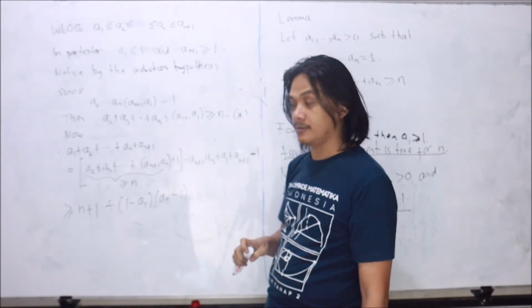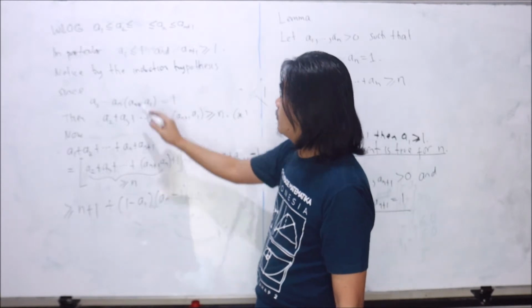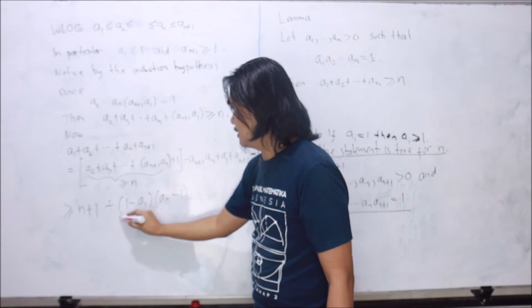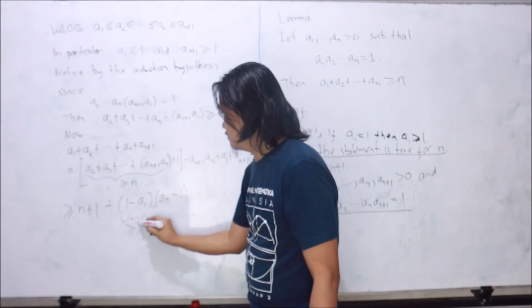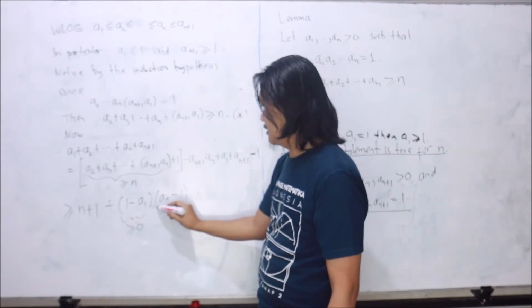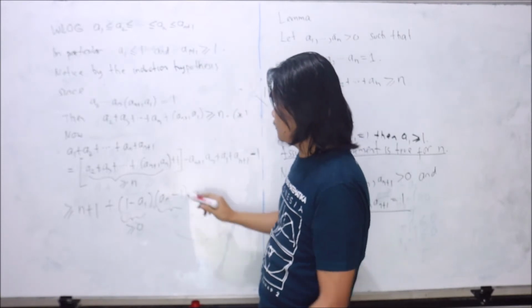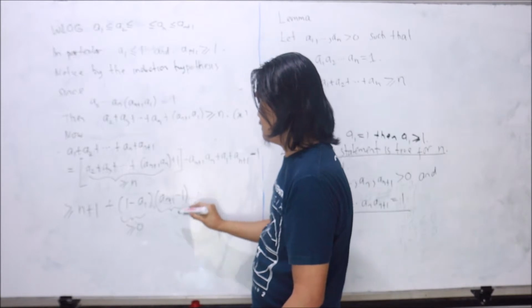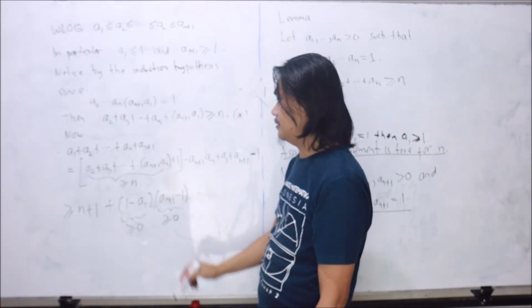Right? Okay? Now, since a1 is less or equal to 1, this guy is greater or equal to 0, and this guy, since this is a sub n plus 1, is also greater or equal to 0.